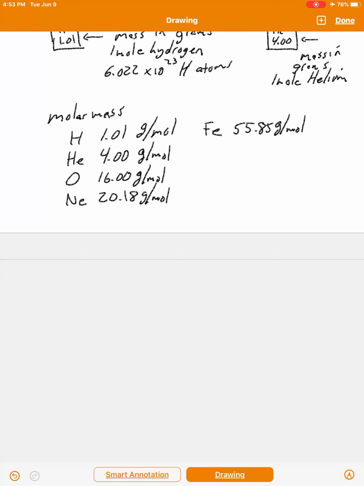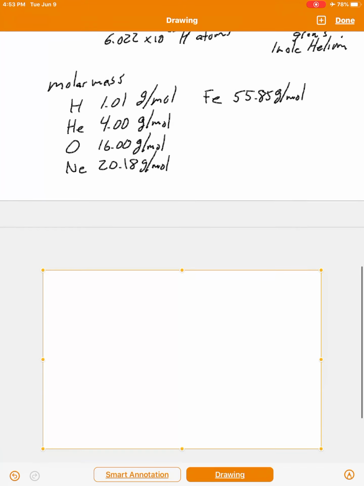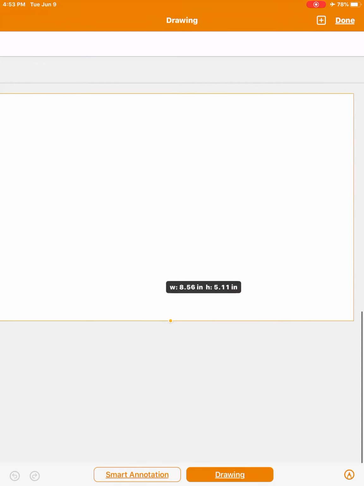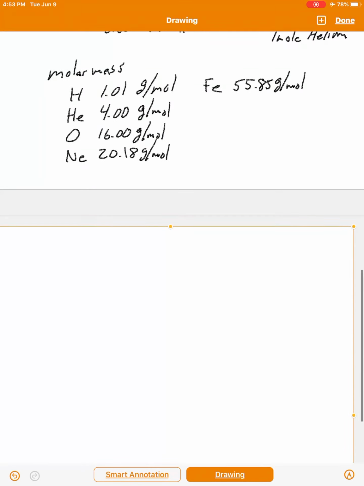But we can also do molar masses of compounds or molecules, and that's kind of cool. We don't have to limit ourselves to just the elements. So for example, let's find the molar mass of water. Well, water has a chemical formula H2O.